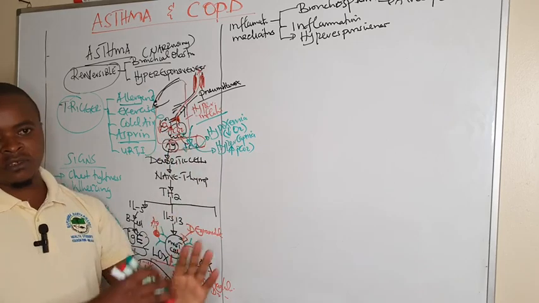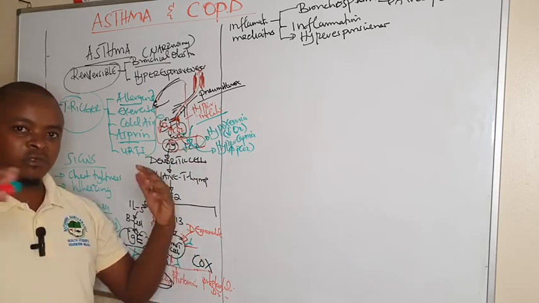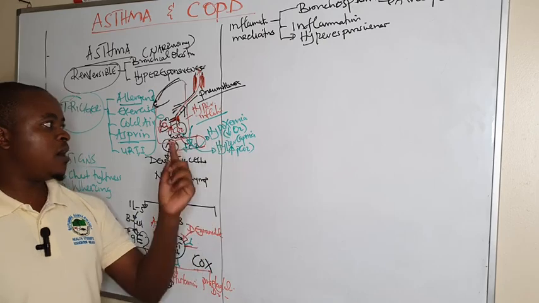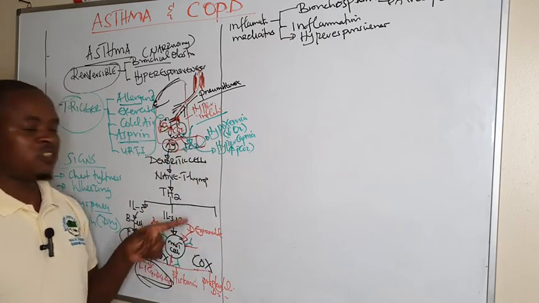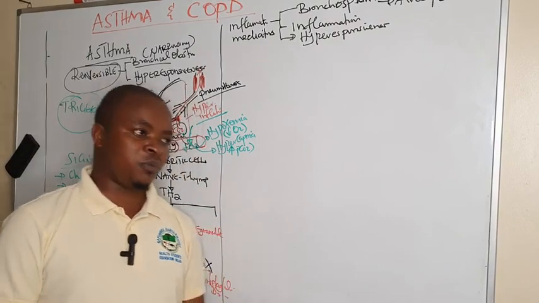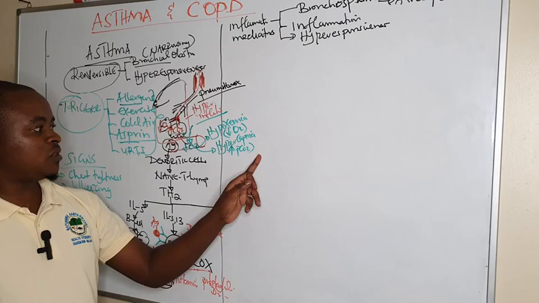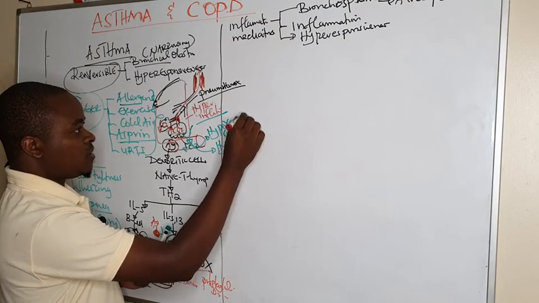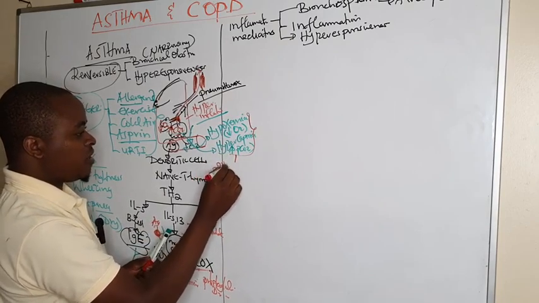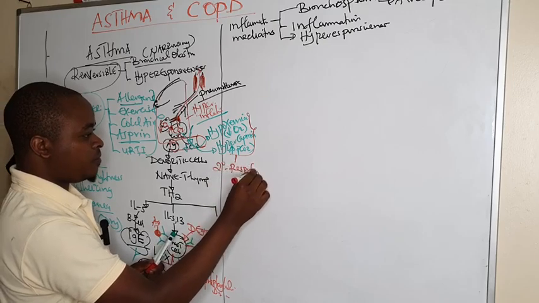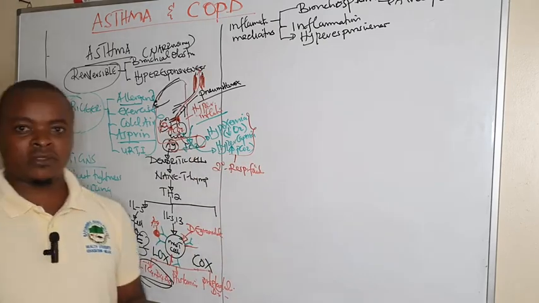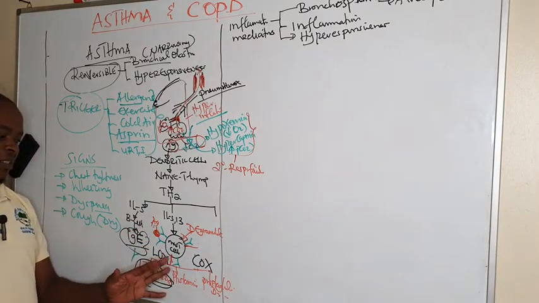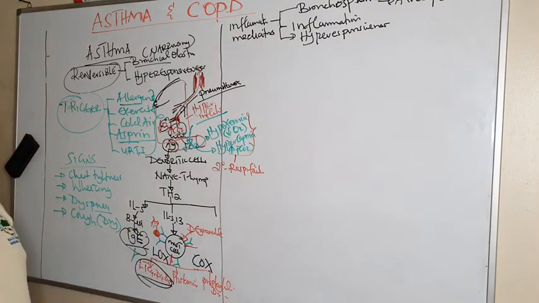And when it increases, it causes hyperinflation, which can result in pneumothorax, and the increased partial pressures result in hypercapnia. Then even when oxygen tension is reduced, it results in hypoxemia. And these two conditions can result in secondary respiratory failure. So that is the pathogenesis of asthma, which started by triggering the mast cells to produce inflammatory mediators.